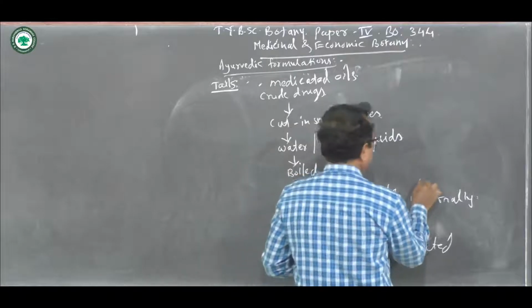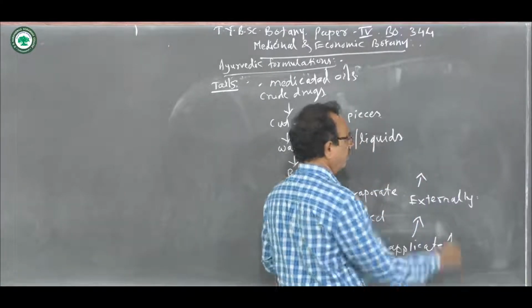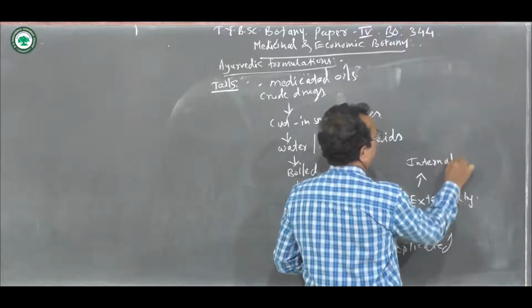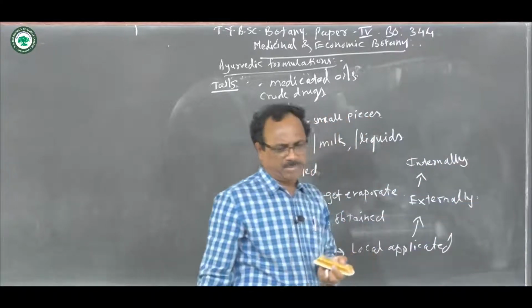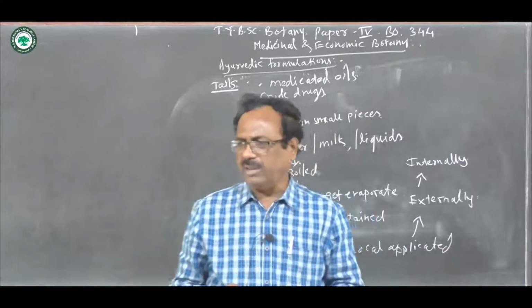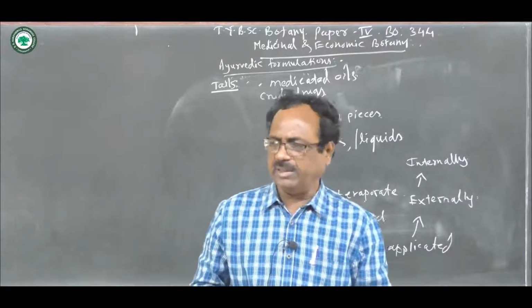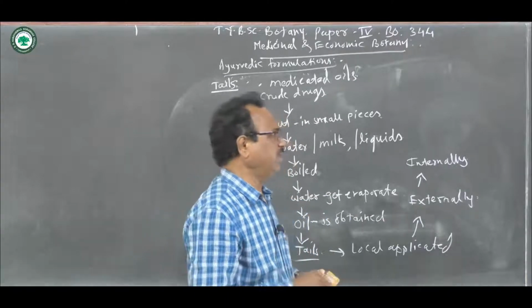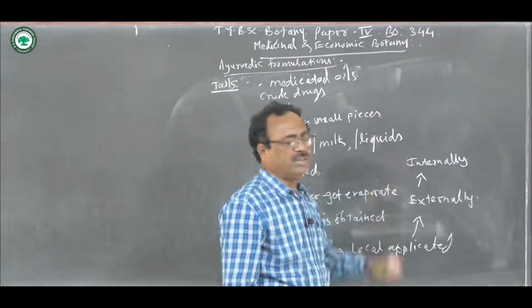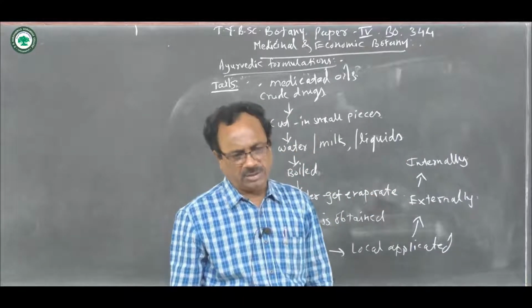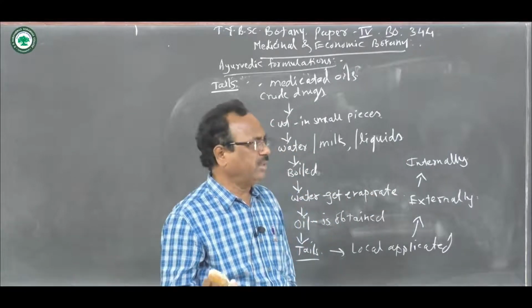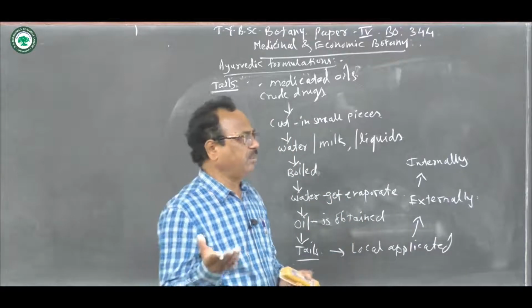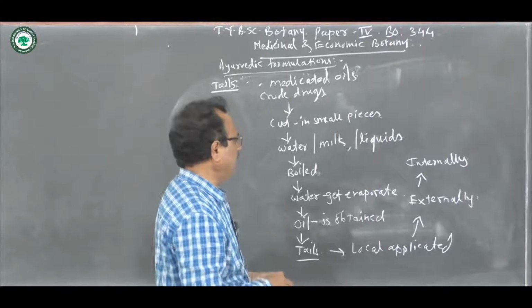Sometimes these tails or oils are also taken internally, if there is any problem in the stomach or an internal problem. For example, eucalyptus oil and phenyl oil are taken internally.